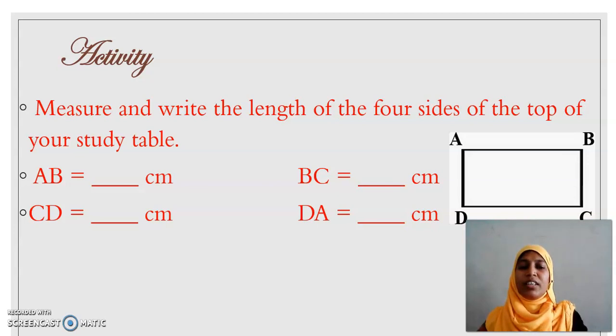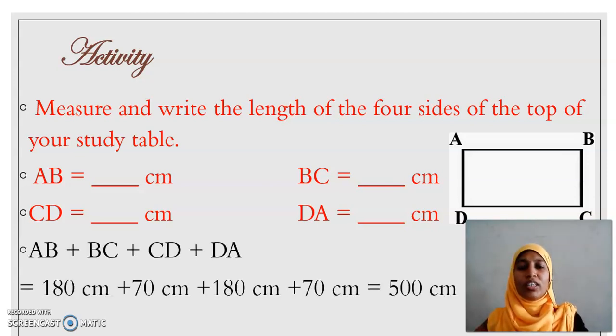Measure it. And I got the measurement for all these 4 sides. The longest sides of my table, AB and CD, measured 180 centimeter. For you it may be different, no problem. And the shortest side for me is 70 centimeter.